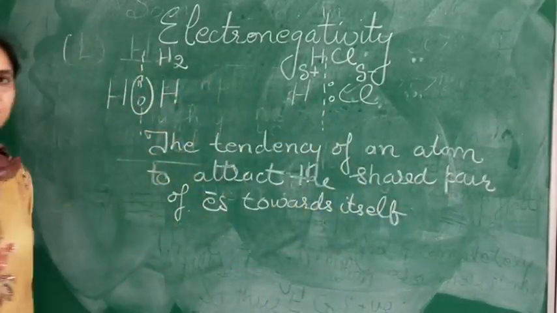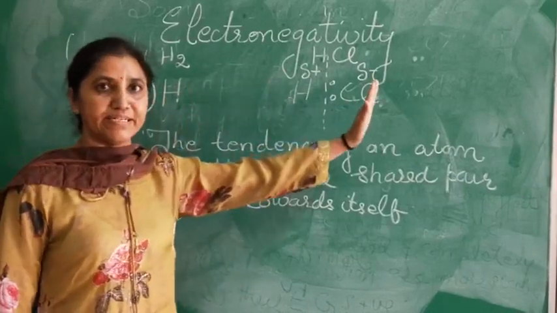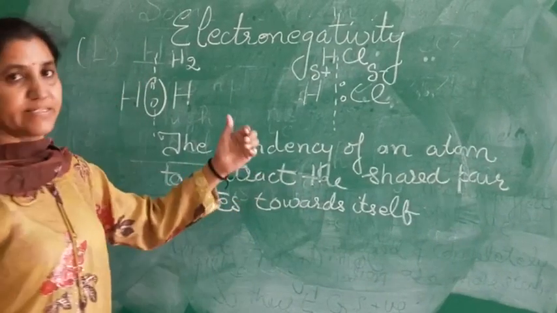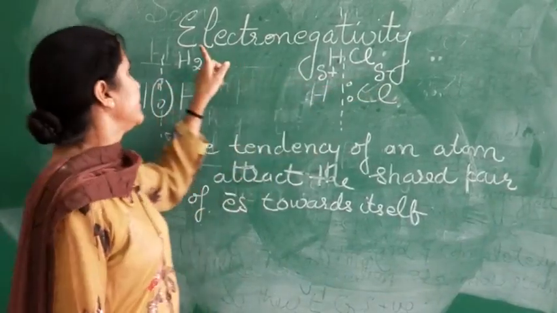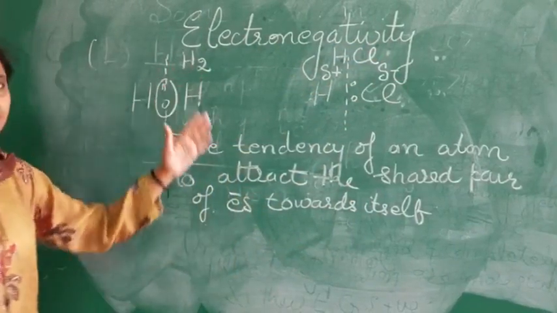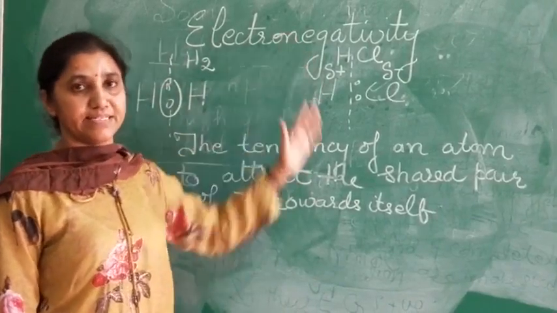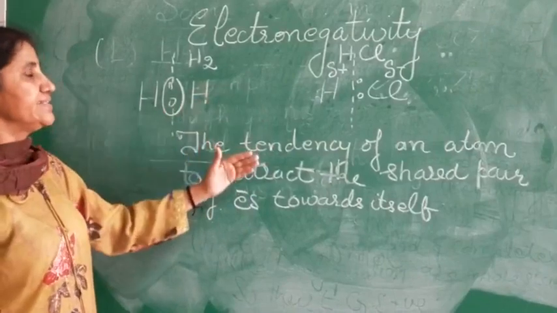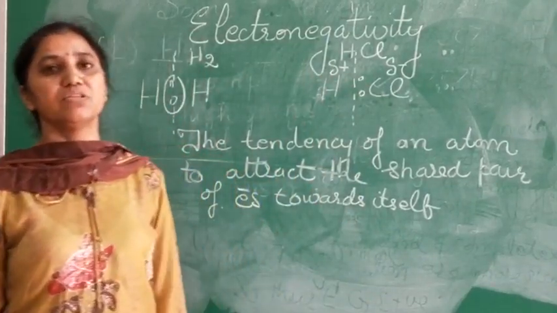Now students, we know that as we move across the period, the atomic size decreases. So the tendency of an atom to attract the shared pair of electrons increases. Hence across the period, the electronegativity increases. And down the group, as the atomic size increases, therefore the electronegativity decreases. That is, its tendency to attract the shared pair of electrons decreases. So this is the trend of electronegativity across the period and down the group.